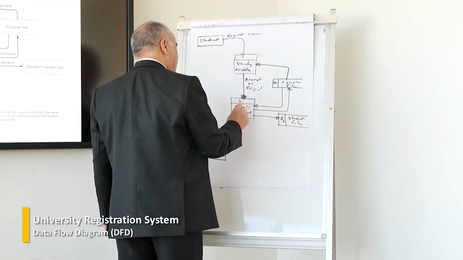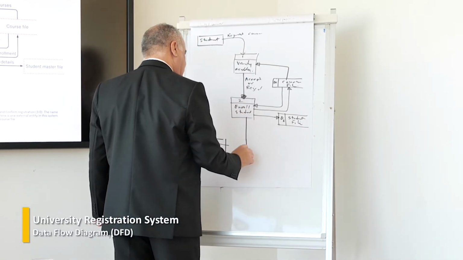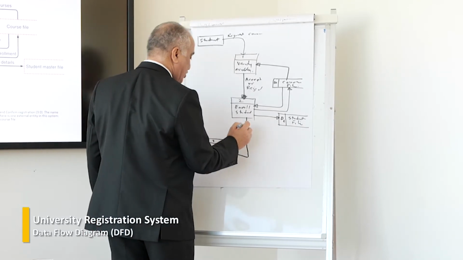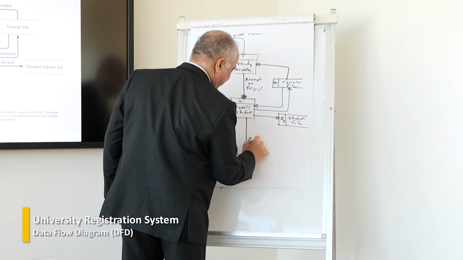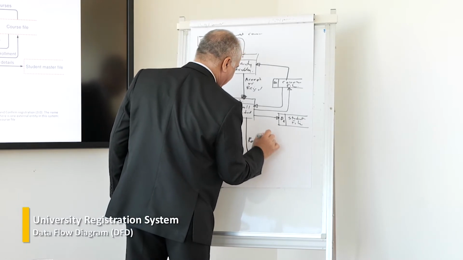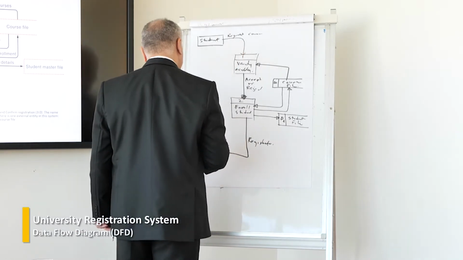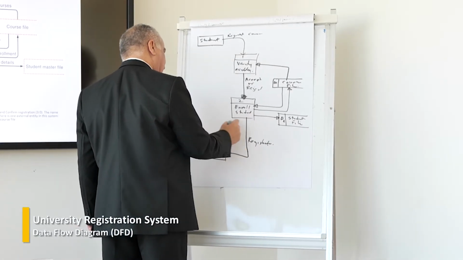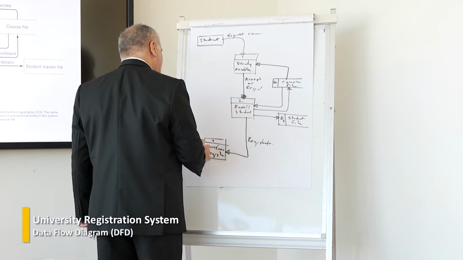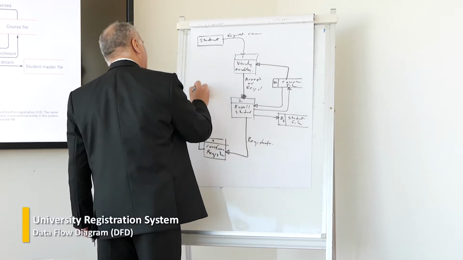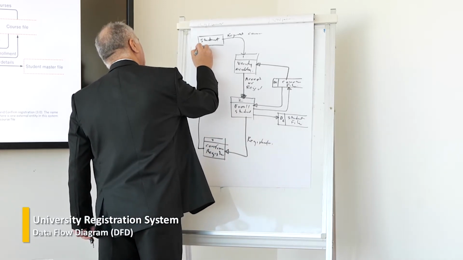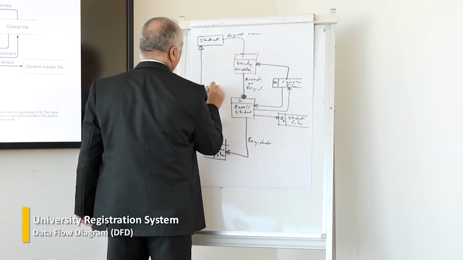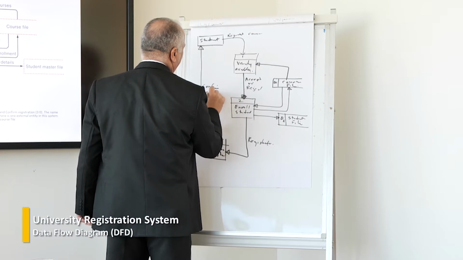Upon that, a third process is triggered, called confirm registration. Completing the registration will generate an output, the student confirmation letter, which will be sent.